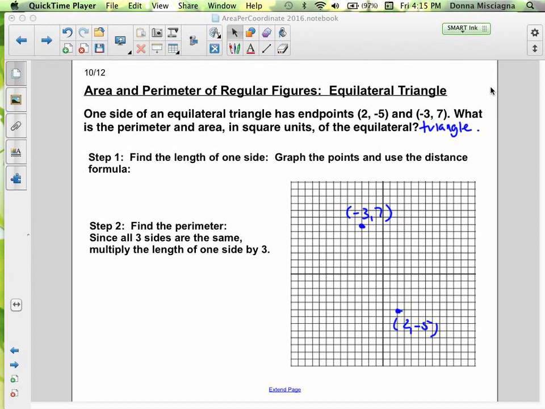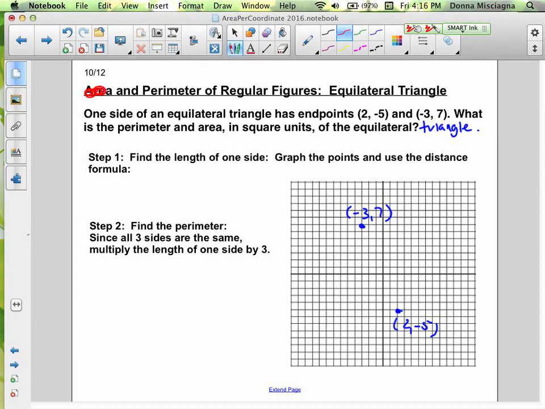On your notes, it says area and perimeter, and you had step 3. I decided to leave the area portion out of this particular problem because it would be very similar in steps to what we're going to see with the isosceles triangle, except for that problem we already have the triangle, and here we don't have the whole triangle.